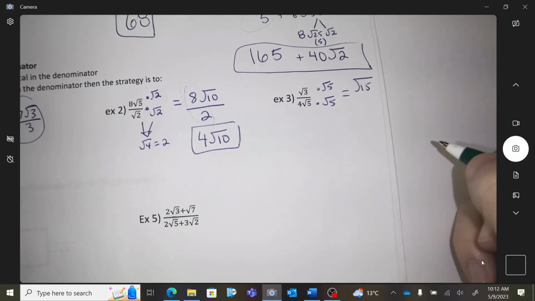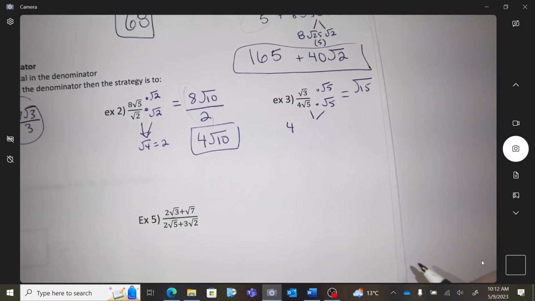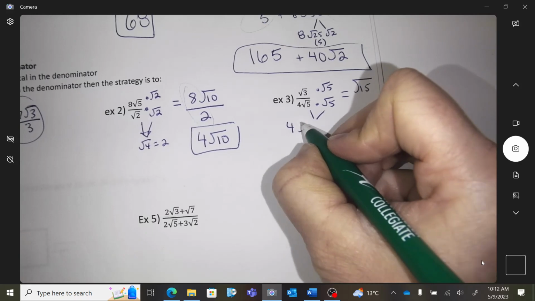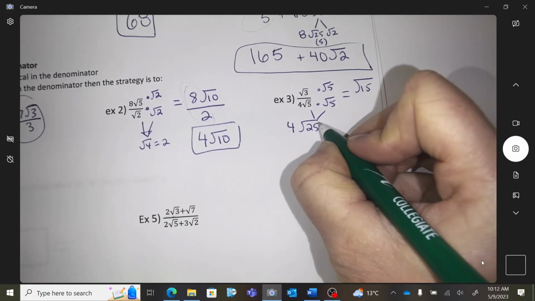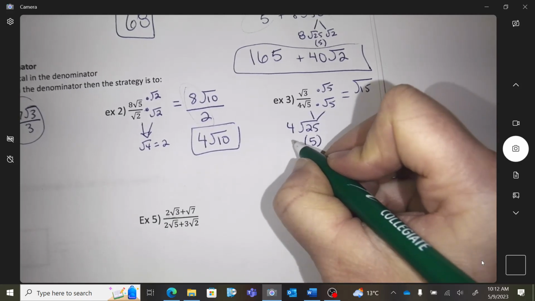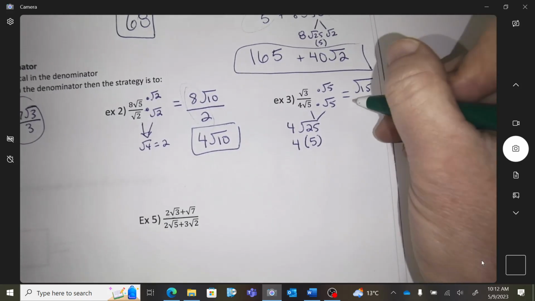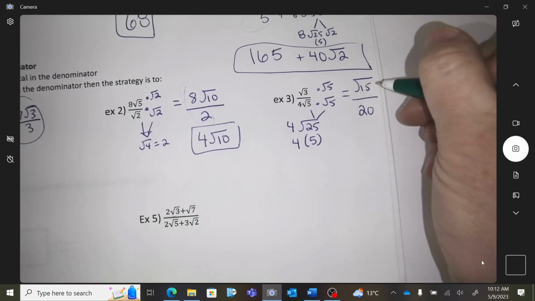Okay, now we got to be careful here. So this is a 4. And root 5 makes root 25. Root 25 is whole number 5, which makes 20.